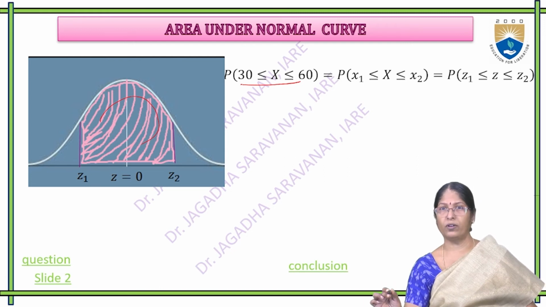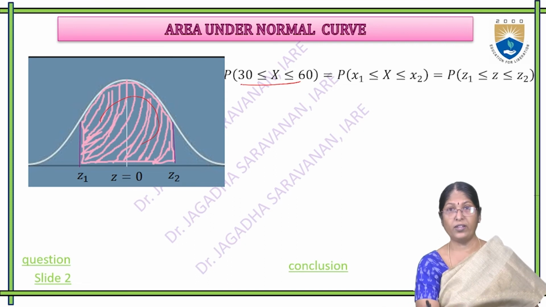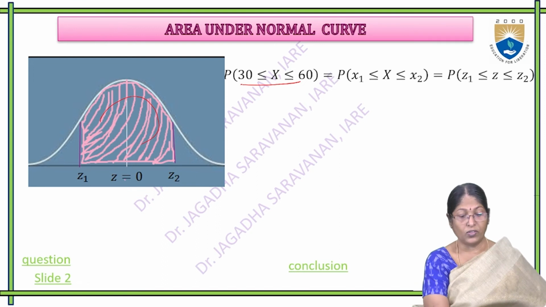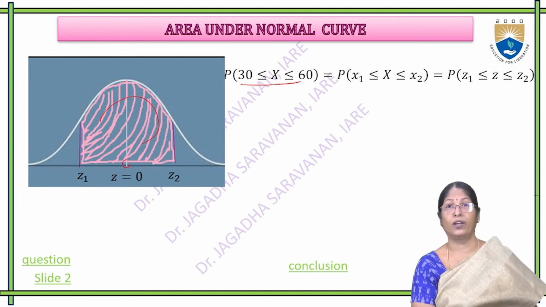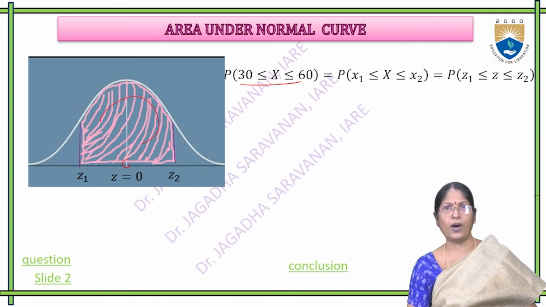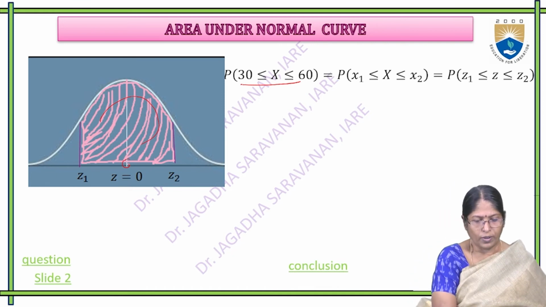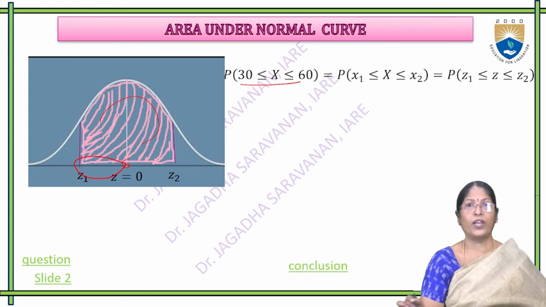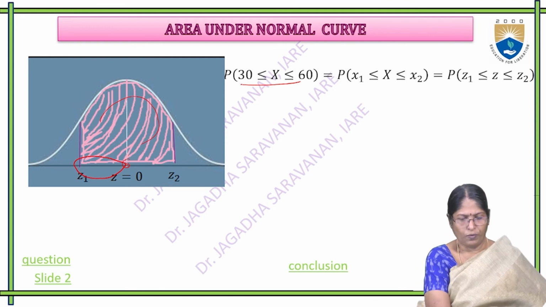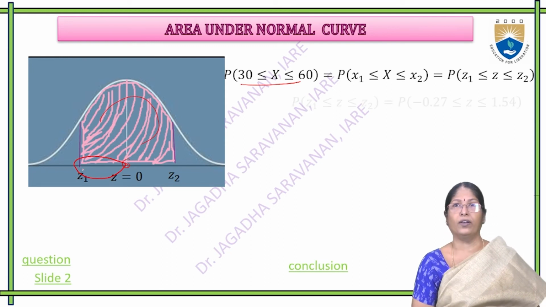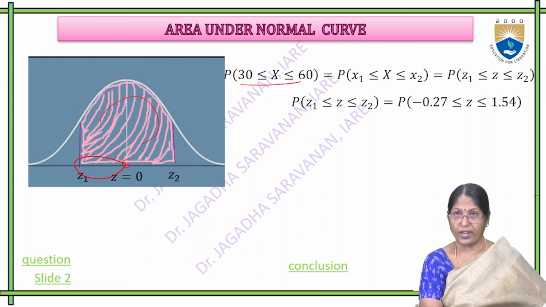This pointer must be very clear to us when we are calculating the area: the point z equal to 0 must be included. If it is not, we are doing the calculation in a wrong way. So now, this part we are calculating, from 0 to z1. So we are writing once again.